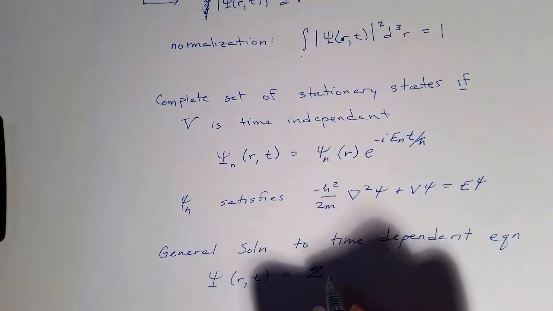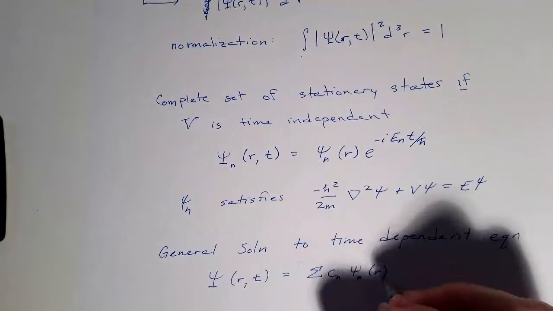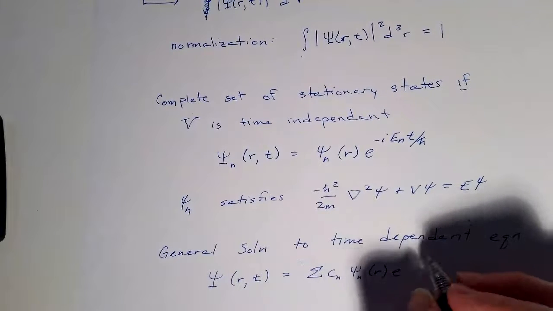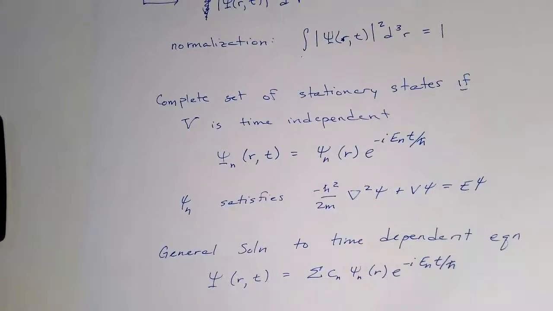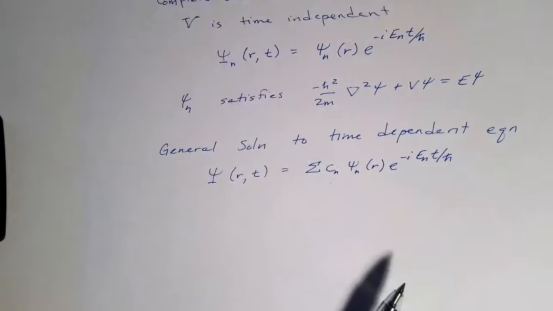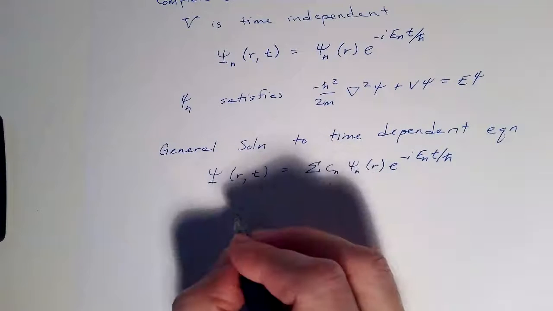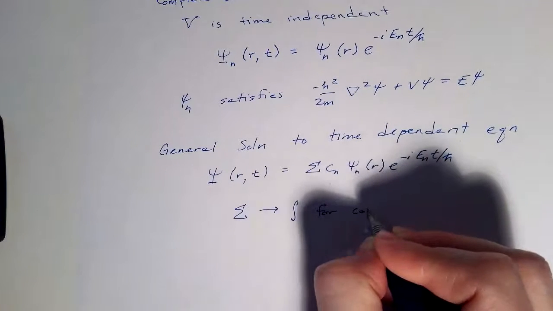It's going to be given by those coefficients that tell us what contribution each of these stationary states has to the overall time-dependent part. Those c_n are constants determined by the initial wave function. If we've got continuous states, this summation is just going to go to an integral.